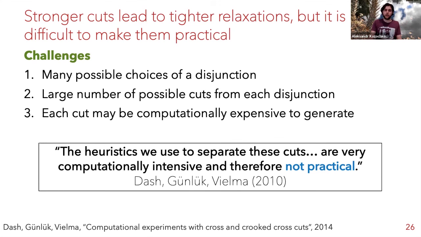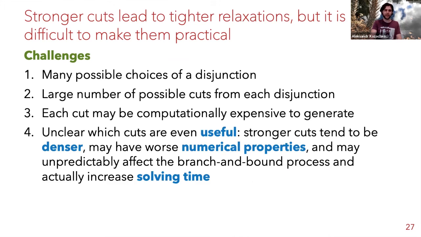And for example, from this paper, and I'm not picking on any of these papers, by the way, when I take a quote, I just wanted to be representative of what I think are broader challenges in the literature. So here, Dash, Goycoolea, and Günlük have a quote that says that the heuristics they use to separate their cuts, which are stronger cuts, are computationally intensive and therefore not practical. And this is something that generalizes to other techniques that I've seen in the papers in the literature as well.